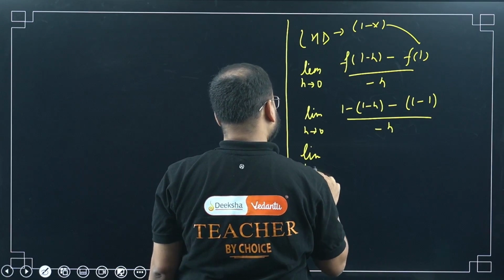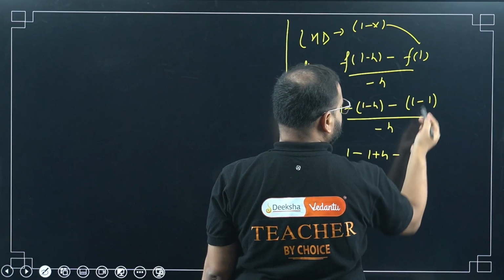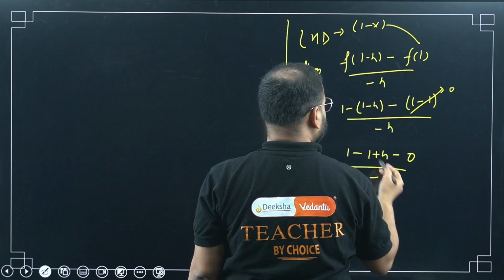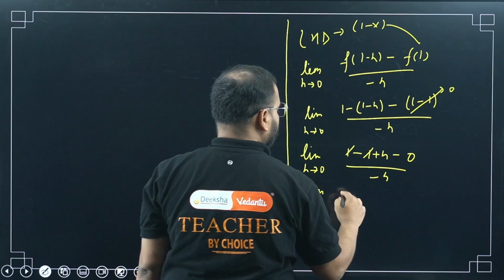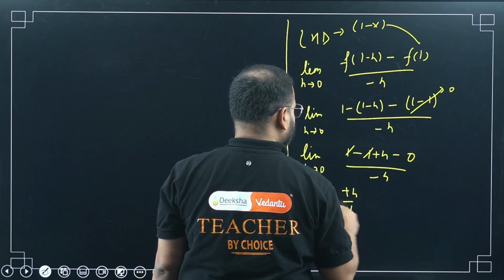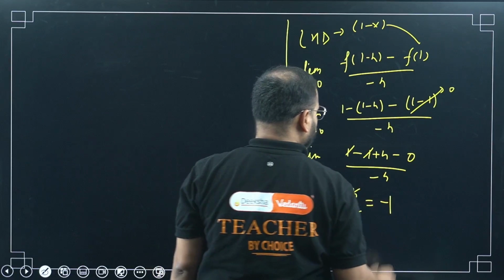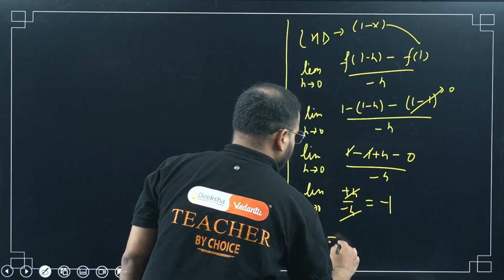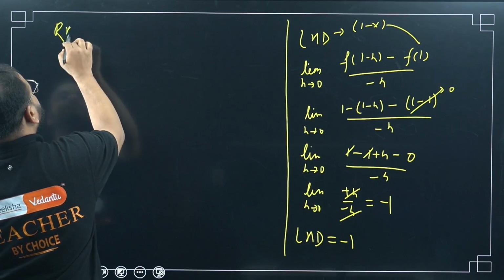Limit h tends to 0, 1 minus 1 plus h. This is simply 0 upon minus h. Cancel 1 and 1. What do I get? Limit h upon minus h, where h tends to 0. Cancel h and h. What am I left with? Minus 1. What's my answer? My LHD, my left hand derivative, is negative of 1. What about RHD? Please check.